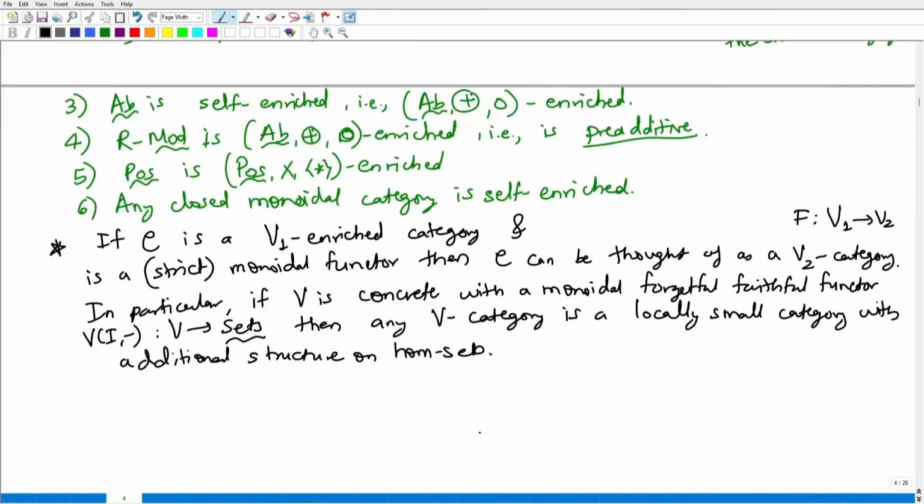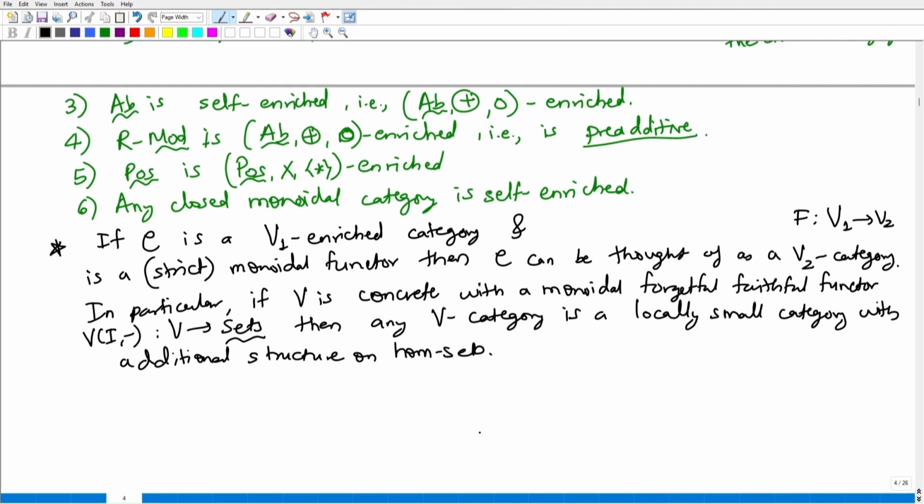Understood? Okay, and there is also a notion of enriched functors between enriched categories. Like if you fix V and there are two enriched categories, then you have a natural notion. I'm not going to write down the definition of an enriched functor. You can check it for yourself.